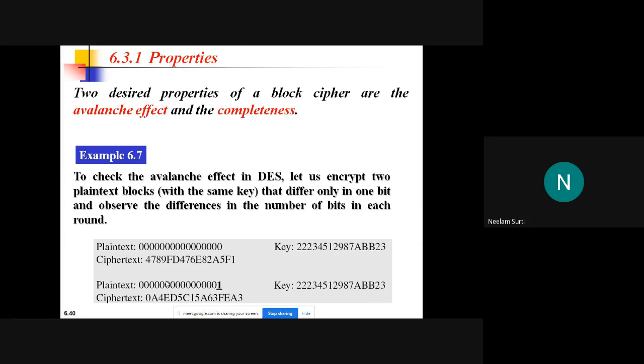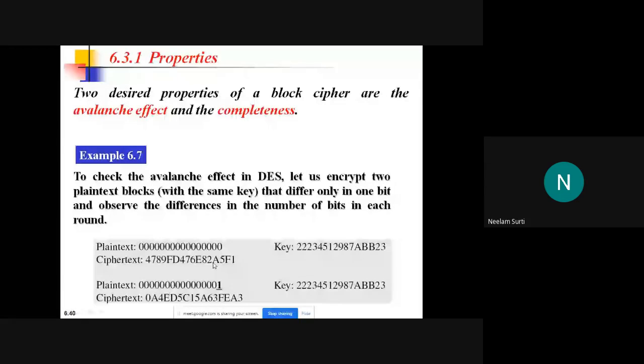By increasing the plaintext length and the key length, you get a more robust algorithm than DES. Here some examples are given to you, and there is one effect, which is the avalanche effect. The avalanche effect says that if the plain text is of this type and the key is of this type, you get this ciphertext.